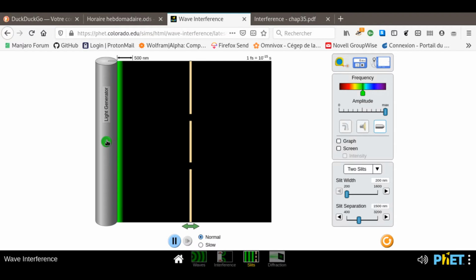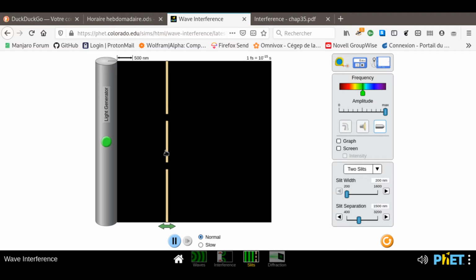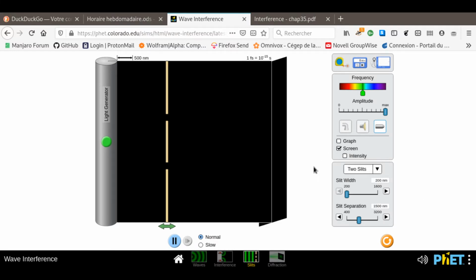Once I push this button, light will be sent and will eventually hit these slits. And I will place on the right a screen which will be able to receive light that goes through the slits. What I'd ask you is to take a few seconds to think about what you expect to see on the screen whenever light goes from the generator, passes through the slits, and hits the screen.